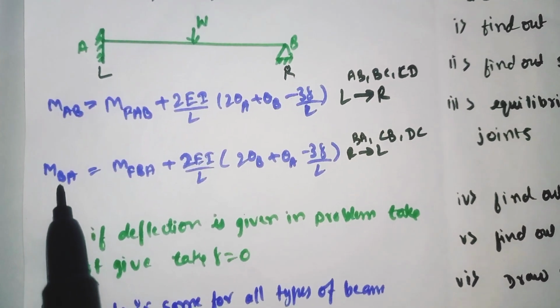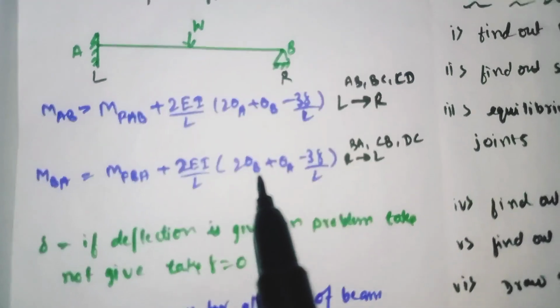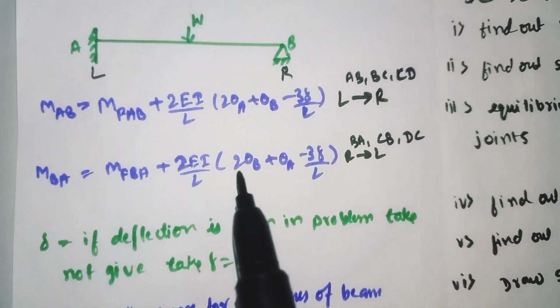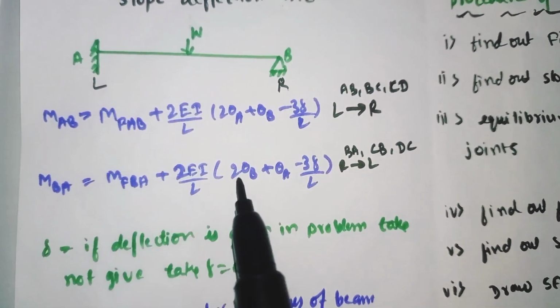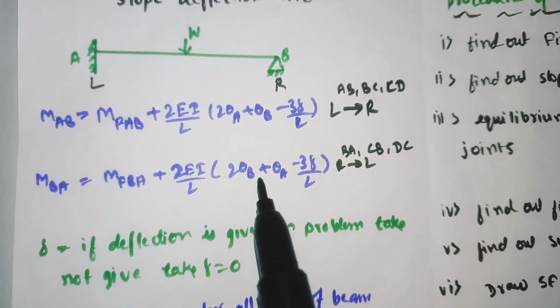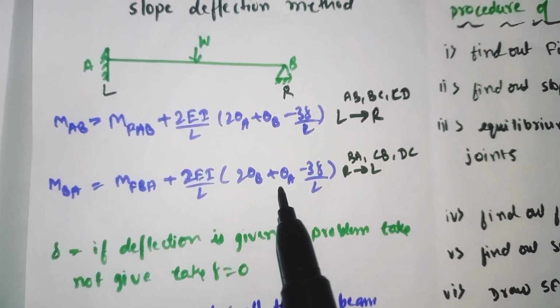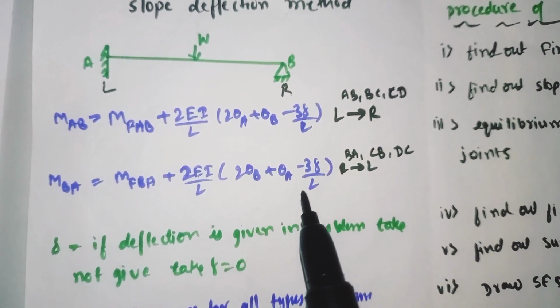Here the first point is B, so for B we need to multiply 2: 2 theta B plus theta A minus 3 delta divided by L.